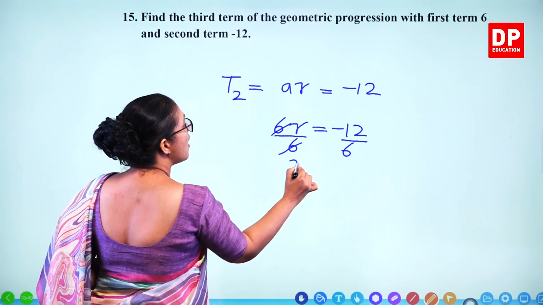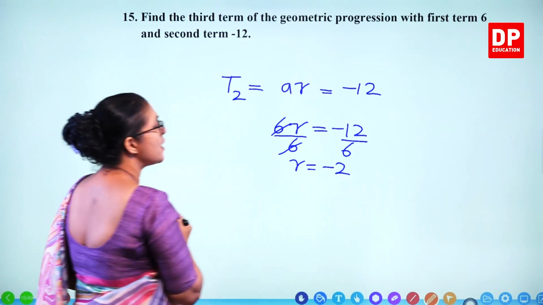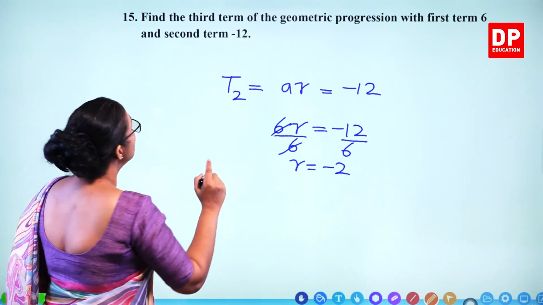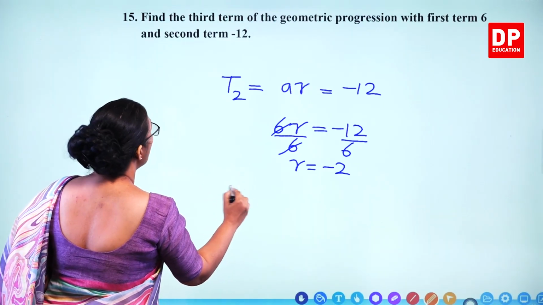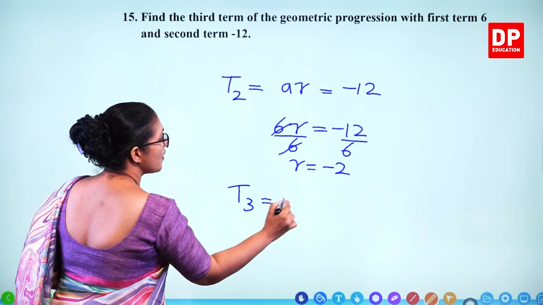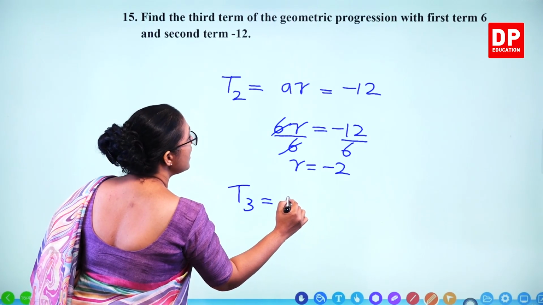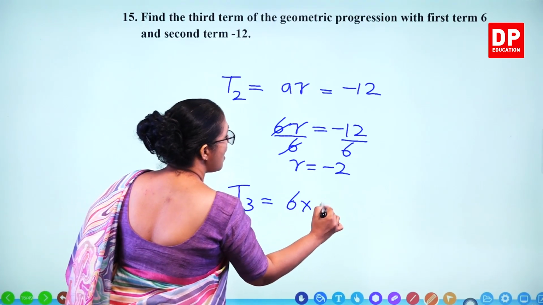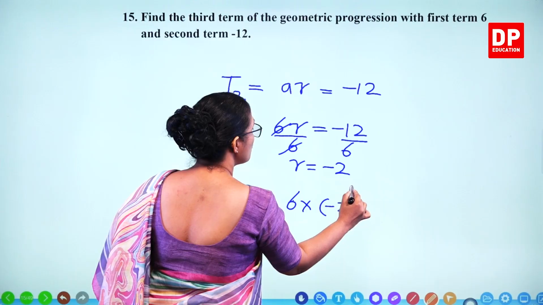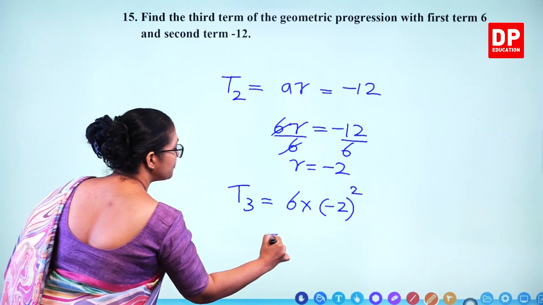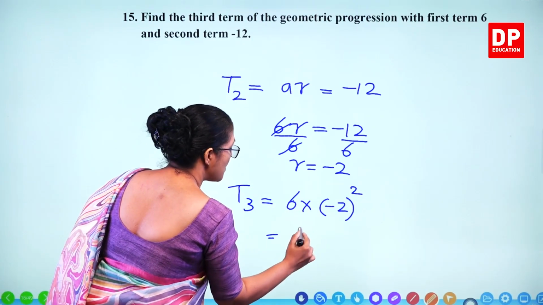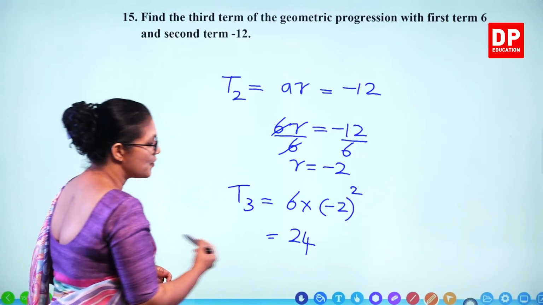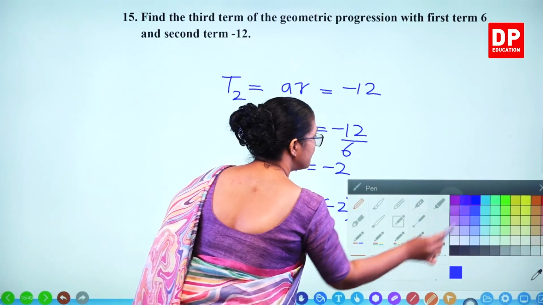You get R equals minus 2, minus 12 divided by 6. You know R. You know the first term. What's the third term? AR squared. A is 6. R is minus 2 to the power 2. 4 times 6, 24 is the third term. So you get 2 marks.